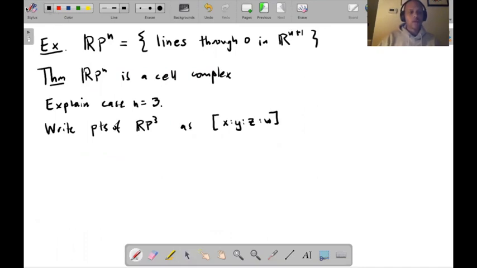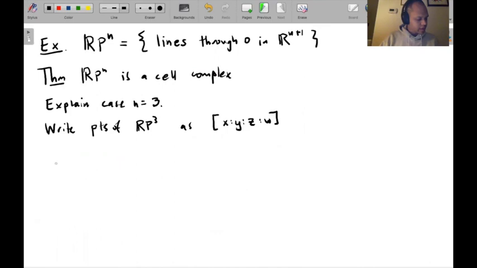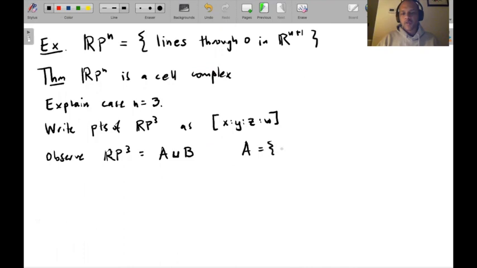And one way we can do that is, observe that we can write RP3 as a union of A and B. As a set, it's a disjoint union, where A is all of those points where w is equal to 0, and B is those points where w is not 0.